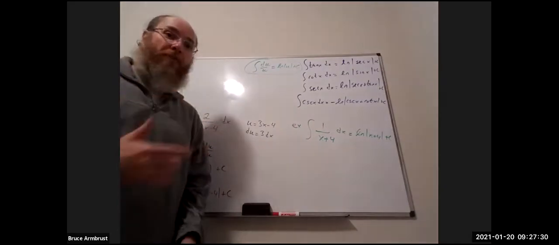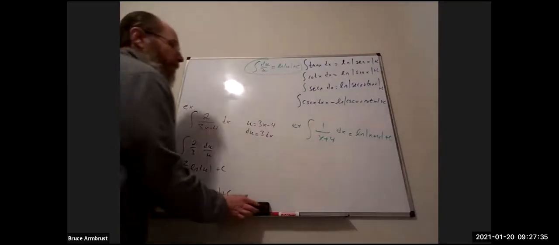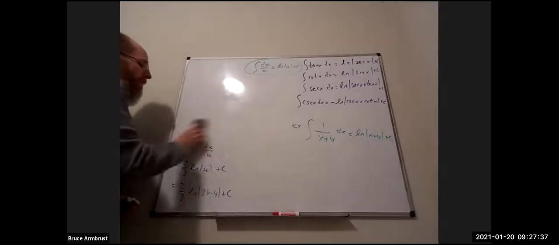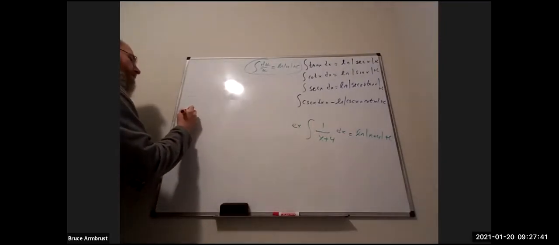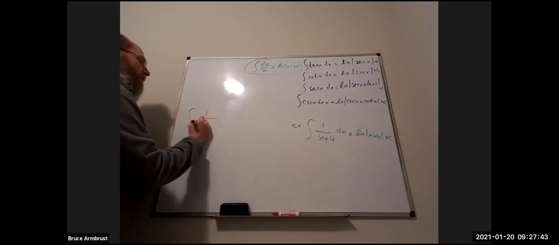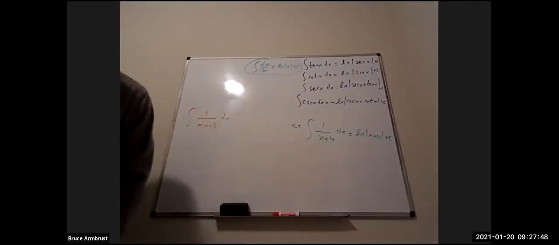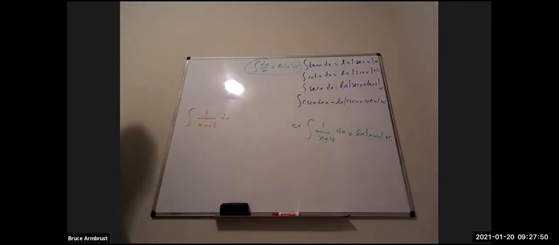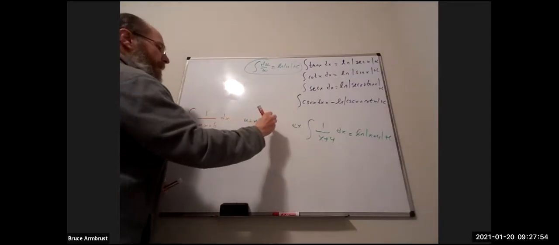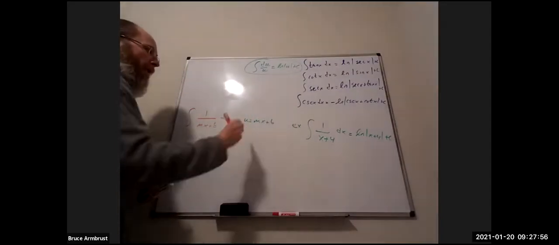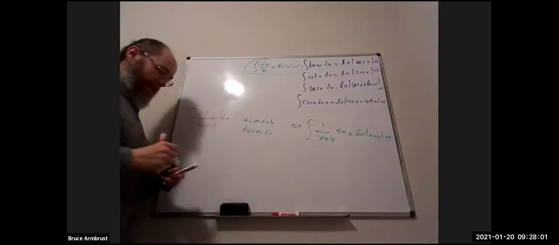In fact, let me show you what the pattern is and what it always looks like. We'll do it generically. Let's do a generic linear. All right, so we're going to do an integral of 1 over mx plus b. So insert your favorite line there. So u is going to equal mx plus b. So du is going to equal m dx.